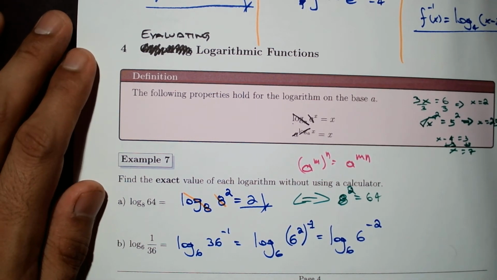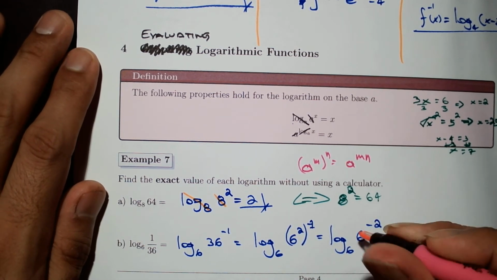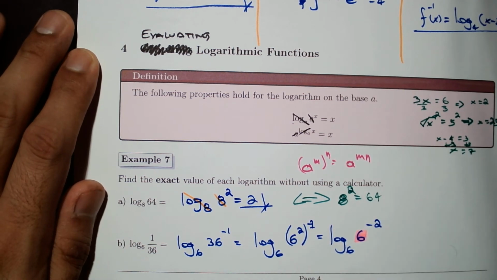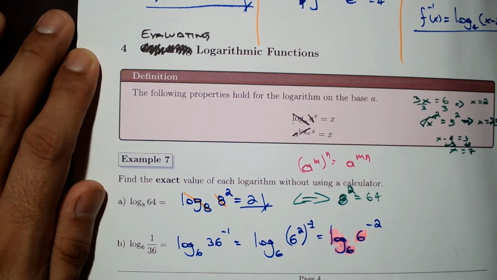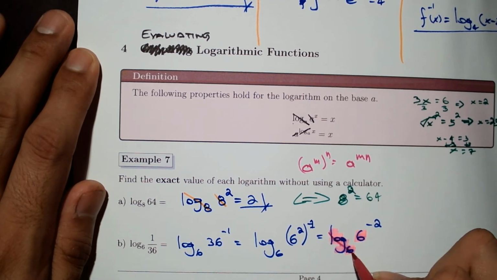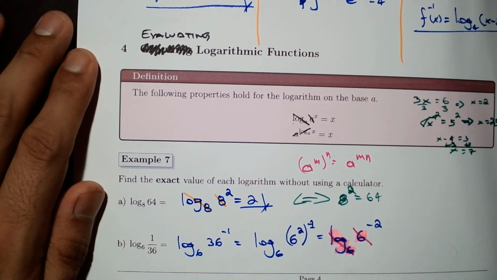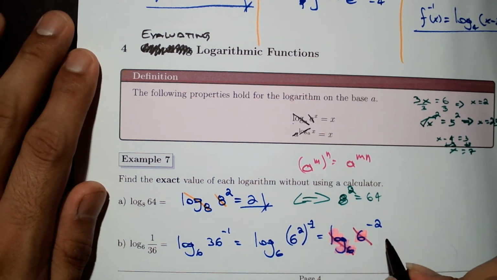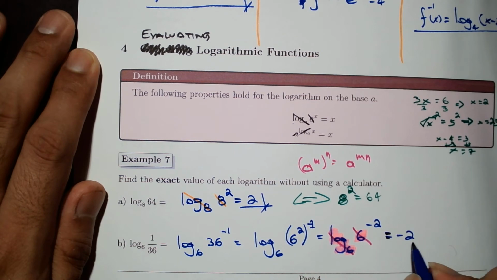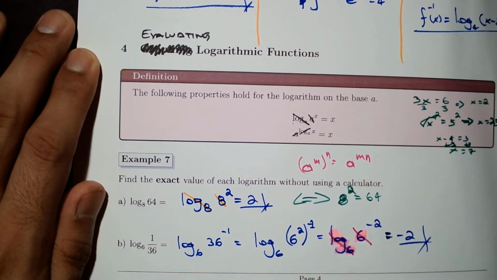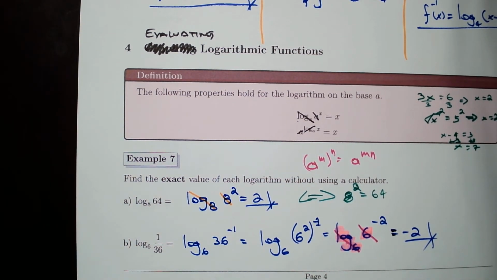And now notice how we have this exponential and log with the same base. So now we are ready to cancel this out, and our final answer is negative 2.